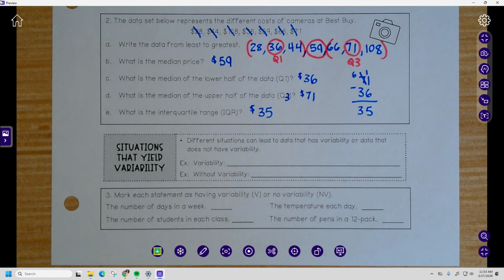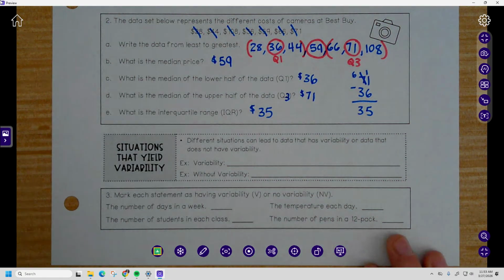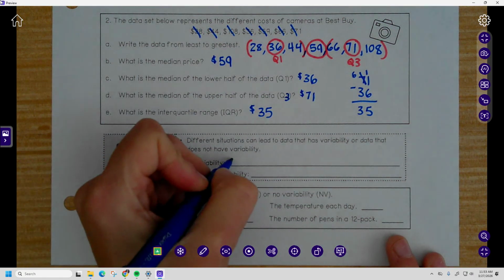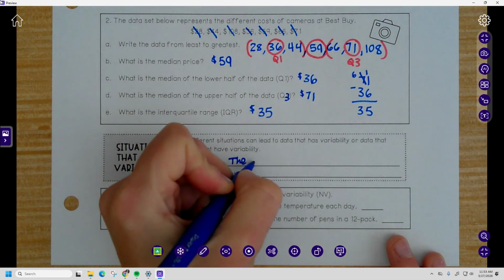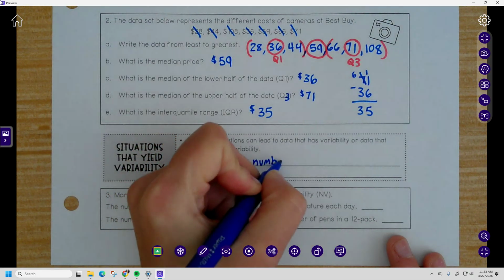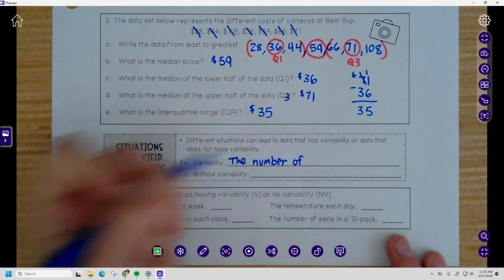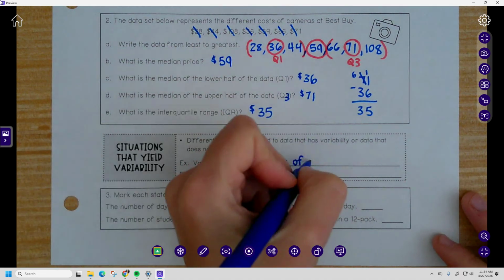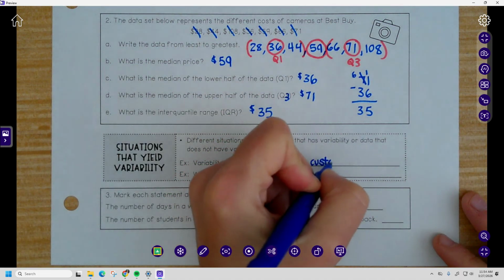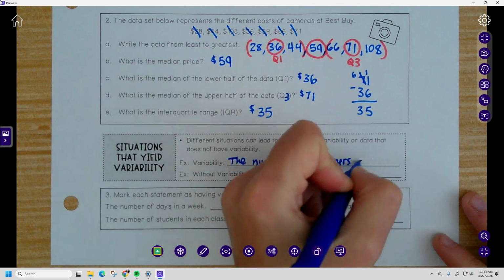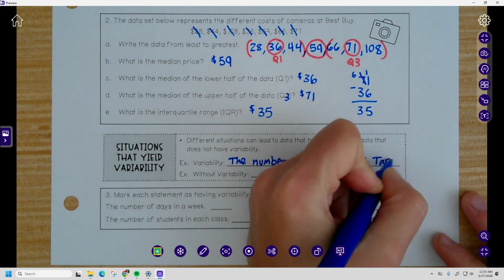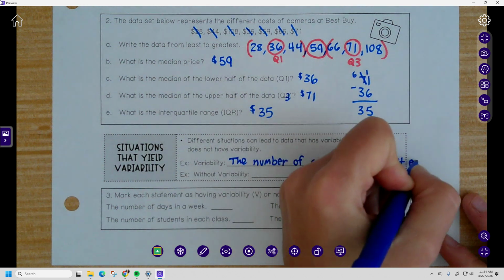So, for example, a situation that has a lot of variability might be the number of customers at, let's just say Target, number of customers at Target each day.